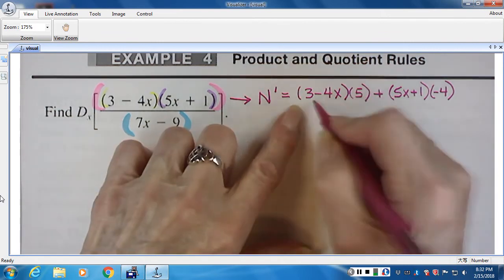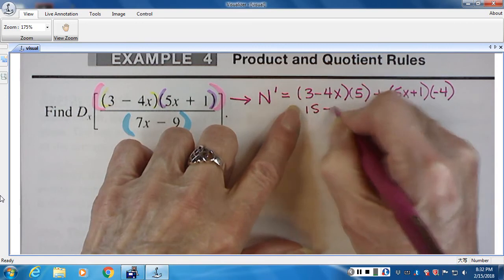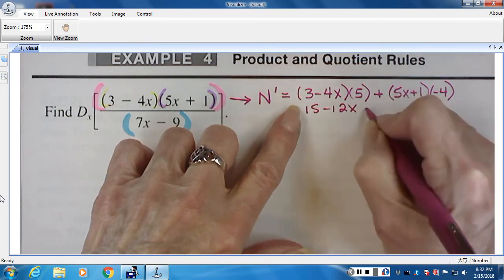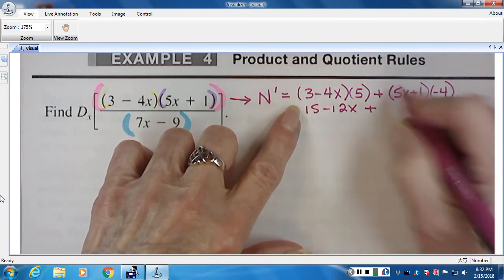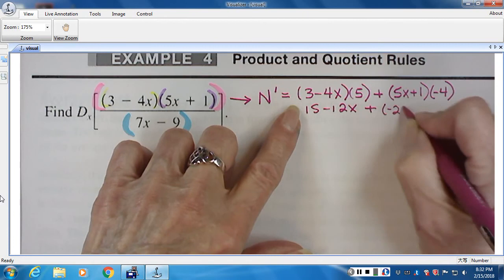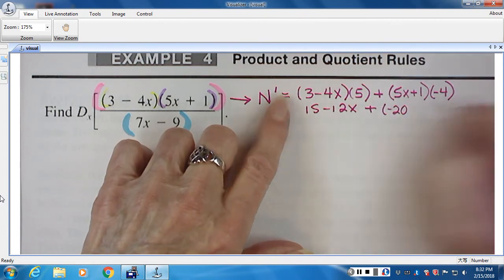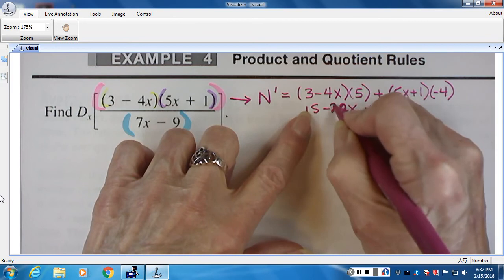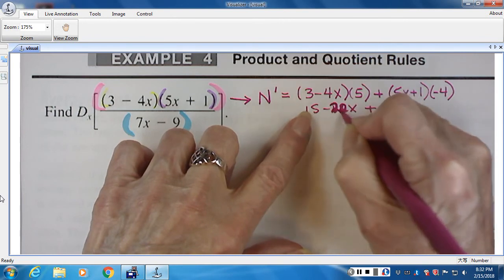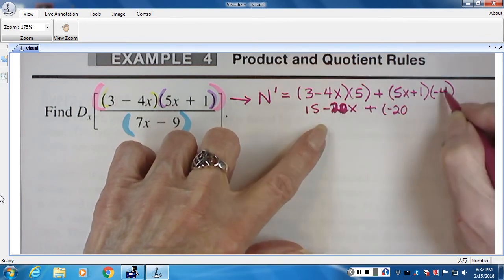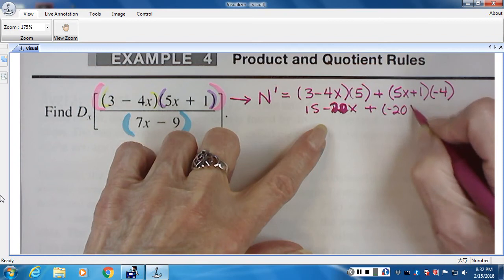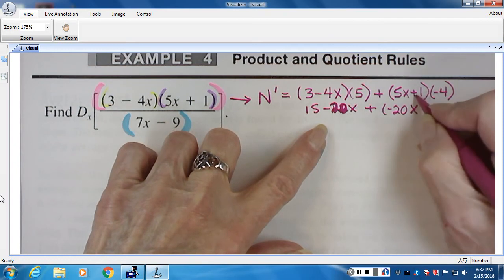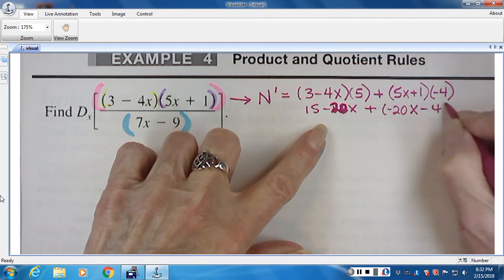So 5 times 3 is 15 minus 12x plus negative 4 times 5 is negative 20x, thank you. I said 12x too, didn't I? And then 4 times 5 is negative 20x. 1 times negative 4 is minus 4.